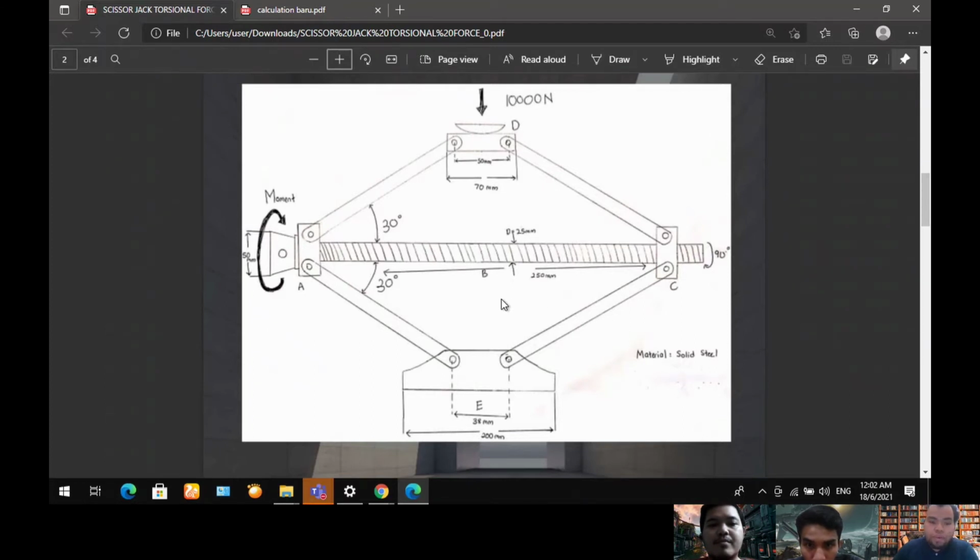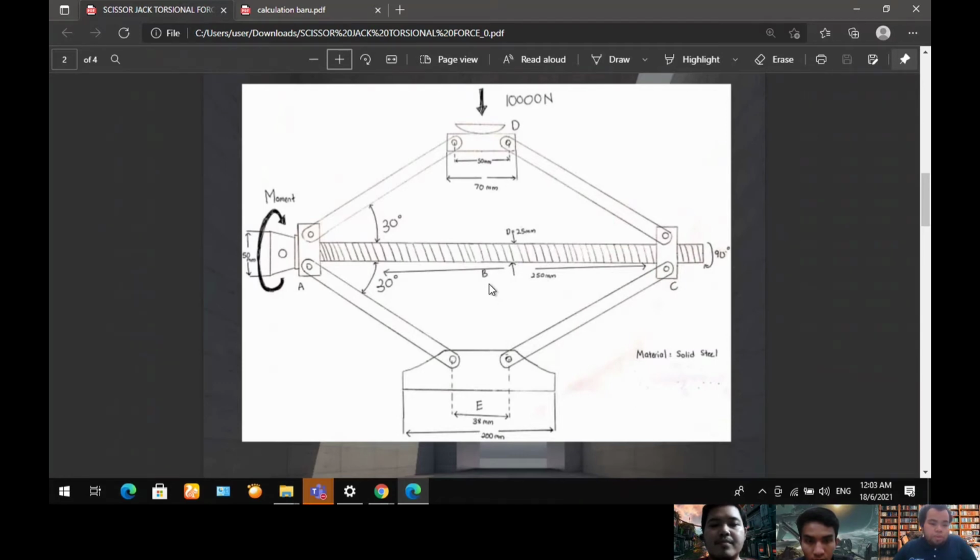This 10,000 Newton force comes from a vehicle that is being lifted by the scissor jack. We can also see the distance between holes. From above, on the top holes, there is a 50 millimeter distance, and the width of the top is 70 millimeter.